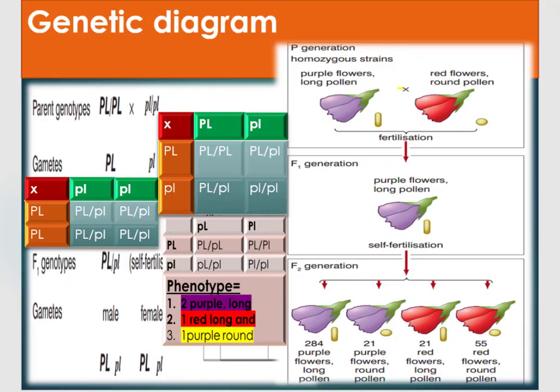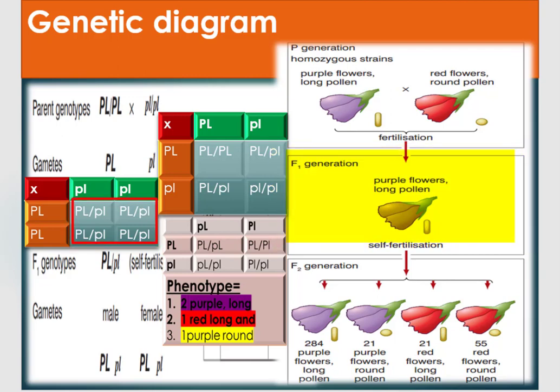When we cross two parents whose genotypes are capital P capital L slash capital P capital L and small p small l slash small p small l, their probable offspring could be capital P capital L slash small p small l, capital P capital L slash small p small l, capital P capital L slash small p small l, capital P capital L slash small p small l.